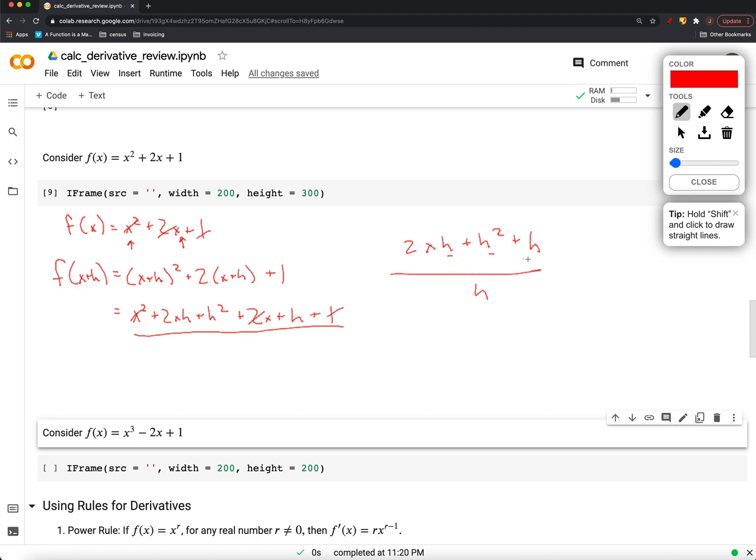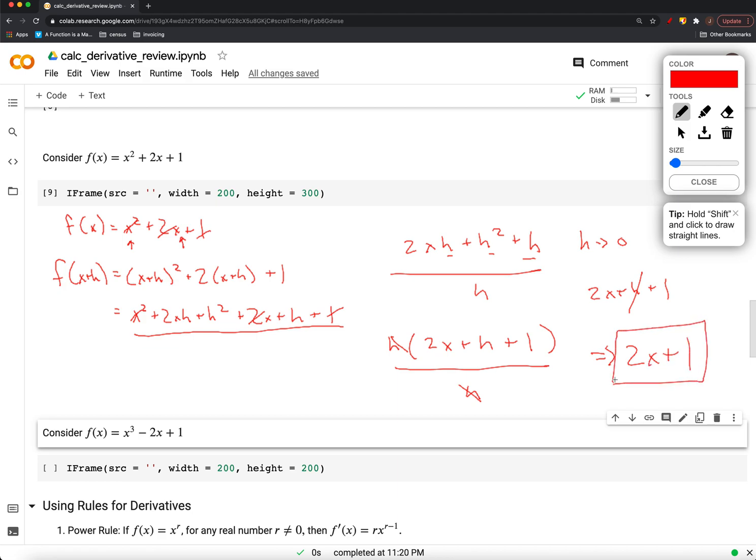There's an h everywhere in the numerator, again, as there usually will be. Our h's cancel. We're left with this expression, 2x plus h plus 1. And now we make that argument about h going to 0. So this will go away. What are we left with? 2x plus 1. Okay, and that is the derivative of f with respect to x.